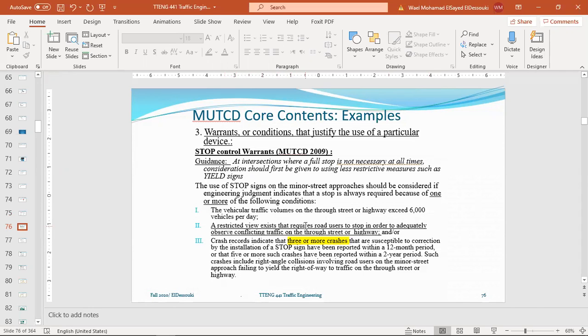That's what we do with the sight distance triangle check. And here, this one is key. This one is vital. If the other two are not fulfilled, but there is a crash record, then we must put a stop sign.